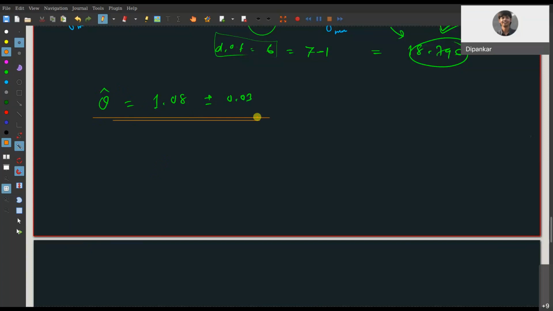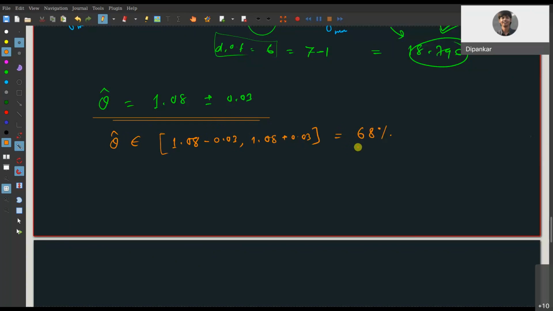You have this Gaussian idea of standard deviation, and you can say that the probability to find theta in the interval between 1.08 minus 0.03 to 1.08 plus 0.03 is 68%, if it follows a Gaussian distribution.